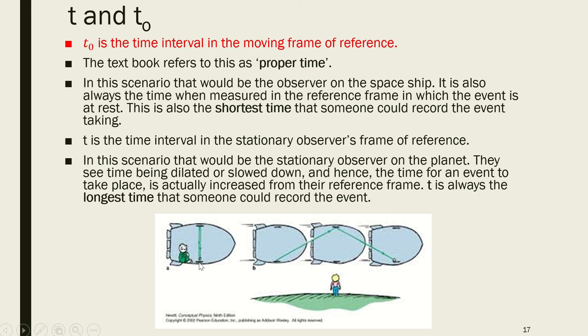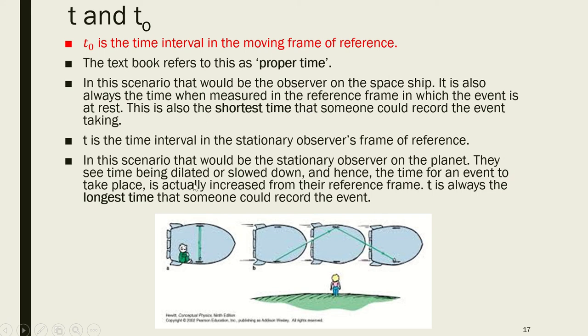This person here is observing it in the moving frame of reference. Now, I don't love that definition that SACE have written on the formula sheet. I prefer to think of it, and the textbook does as well, as the proper time. So if you're on the spaceship, the time you observe this to go up and down is t naught.